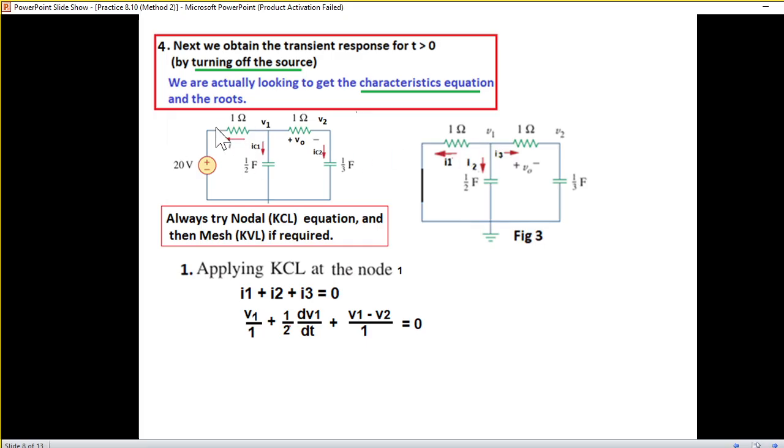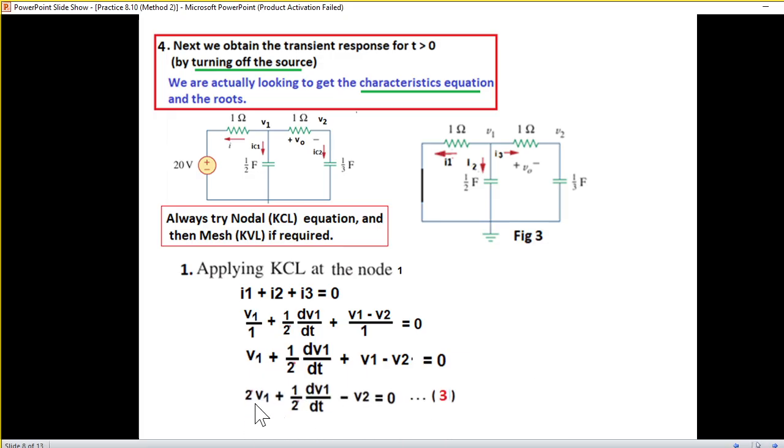Earlier it was (V1 minus 20) divided by 1. But in this case, when the source is short-circuited, it will be V1 divided by 1. And these two remain the same. Solving, this is rearranging, our equation number 3 for the characteristic equation.